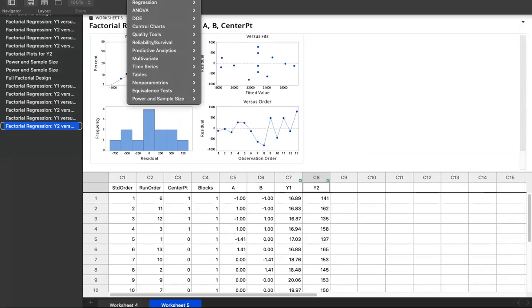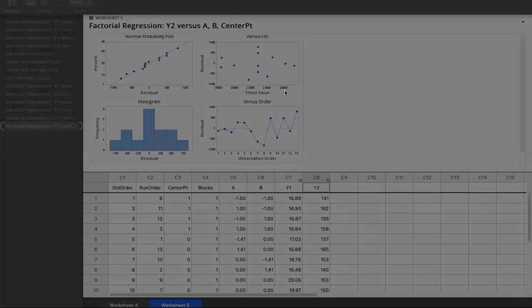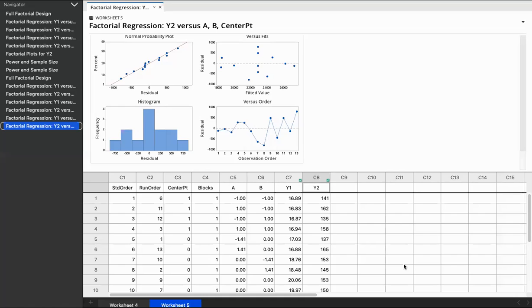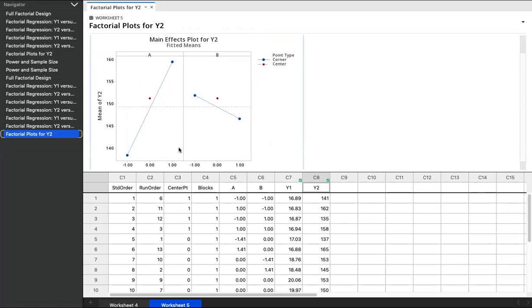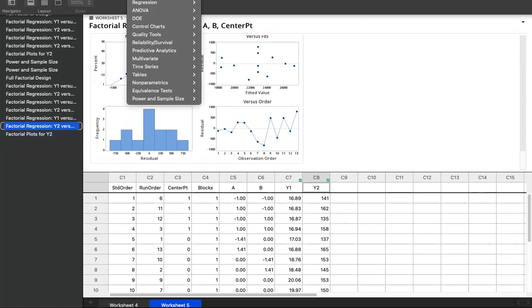Okay, so we can do the factorial plot for these two on response 2. Let's do it. I will do it for response 1 also.